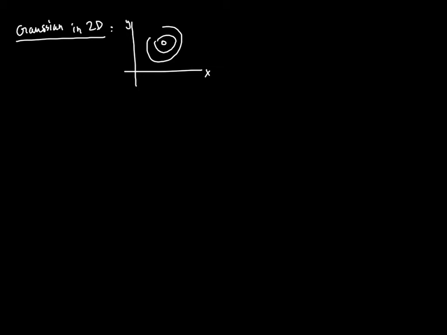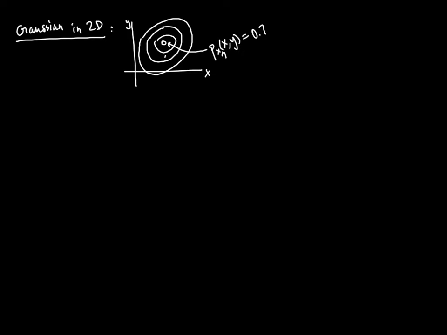Oops, the audio cut off for a minute, but pretty much I just want to draw circles that denote the probability at a certain value. So say at this point, the probability of x and y is going to be, say, 0.7.